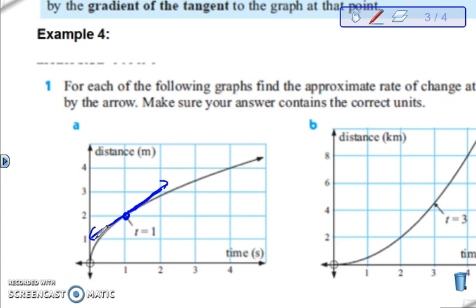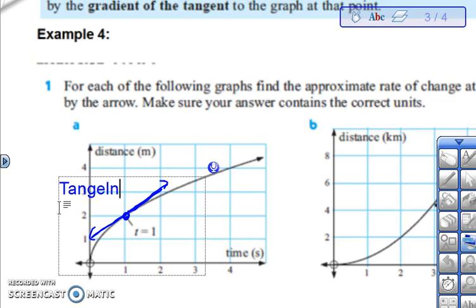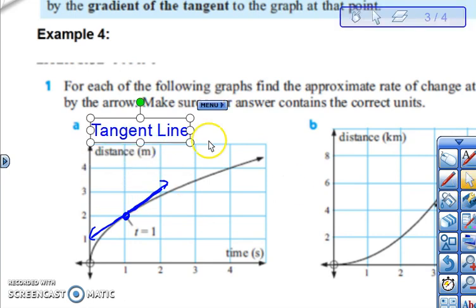So we will notice that the line we drew hits the curve that they gave us at the point that they labeled. Anytime a line touches a curve at exactly one spot, that is called a tangent line. Do not confuse this with sine, cosine, tangent trigonometry. This is similarly related, but it is not the same thing, okay?